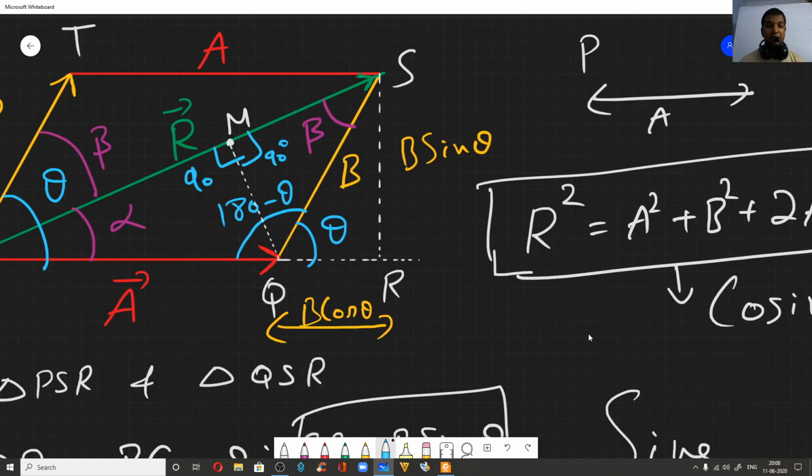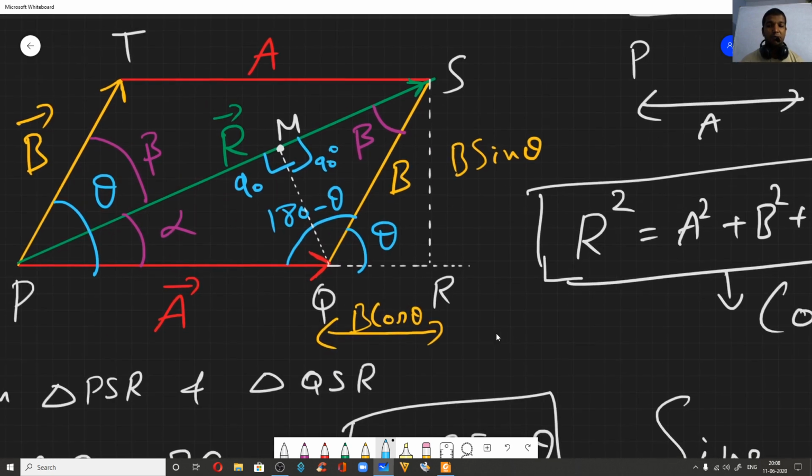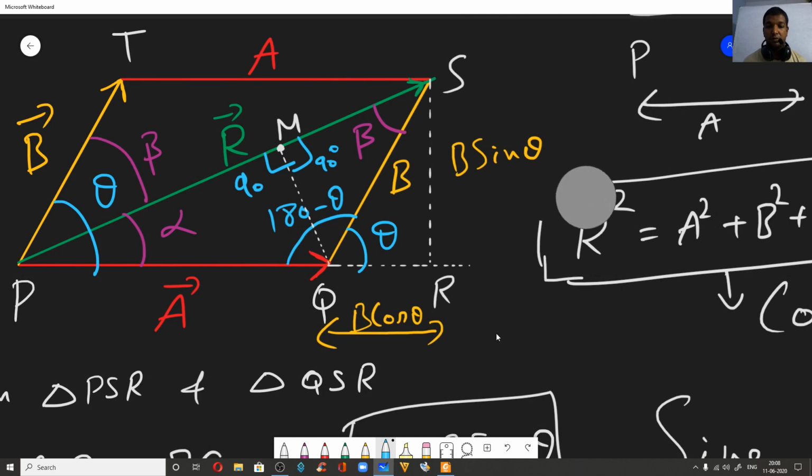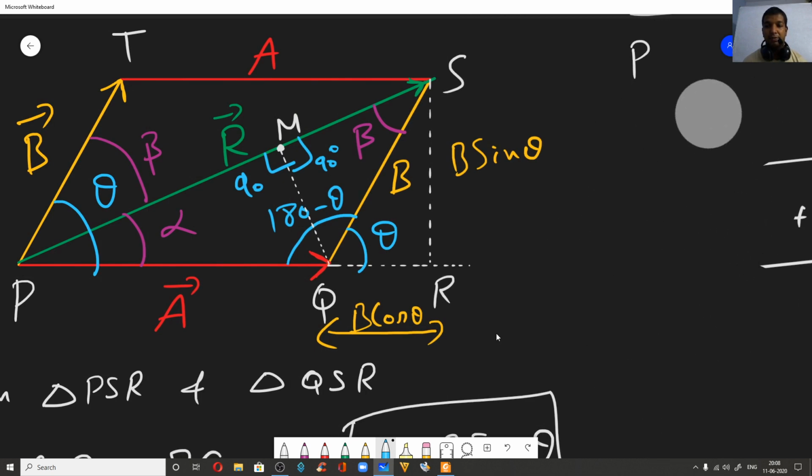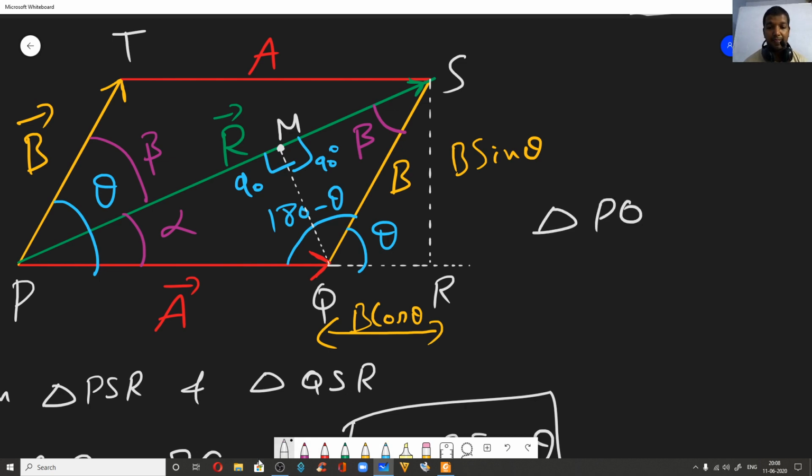Let me write here: PQM and SQM are two right angle triangles. From triangle PQM and triangle SQM, observe the side QM.